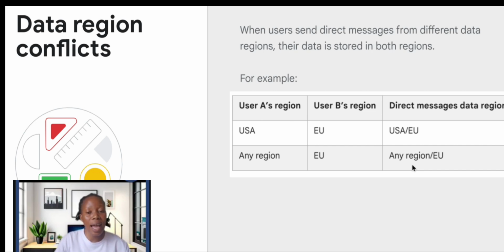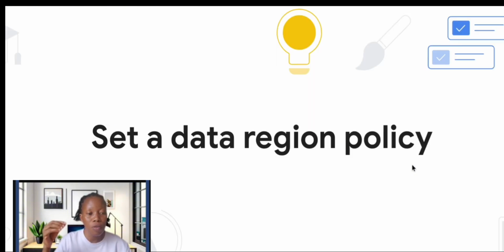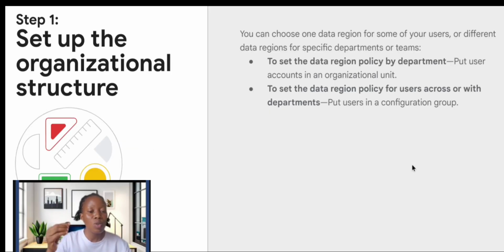So how do you set a data region policy in your admin console? You can choose one data region for some of your users, or a different data region for a specific department or team. To set the data region policy by department, put user accounts in an organization unit. To set the data region policy for users across or within your departments, you put users in a configuration group.